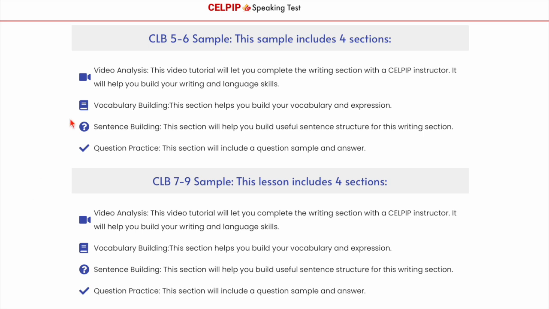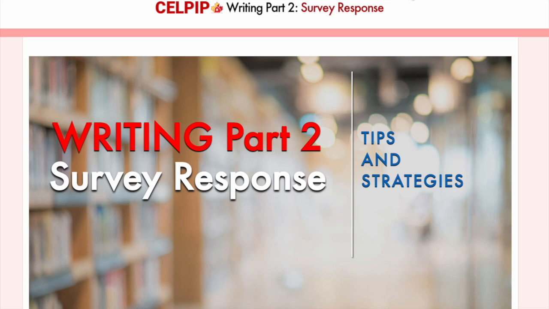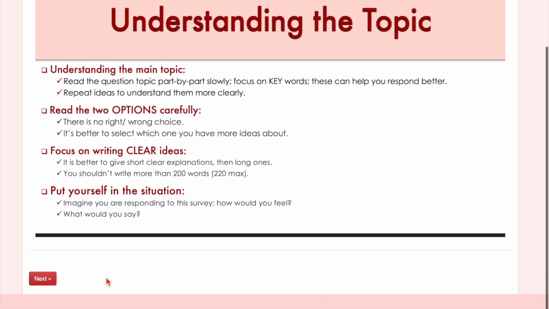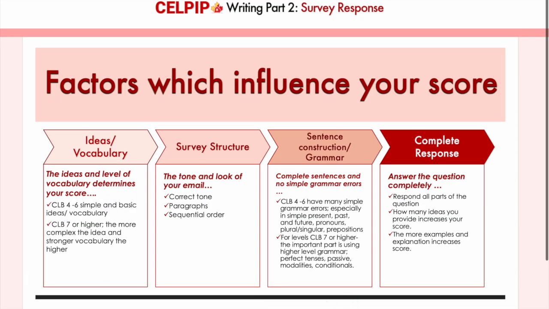Also, before we get started with that, I do want to remind you about the Writing Part 2 tips and strategies. I'm just going to focus on a few that I think are very important, okay? And the first one is knowing what is required for Part 2. Basically, the ones that I think are very important are about our sentence construction and grammar.